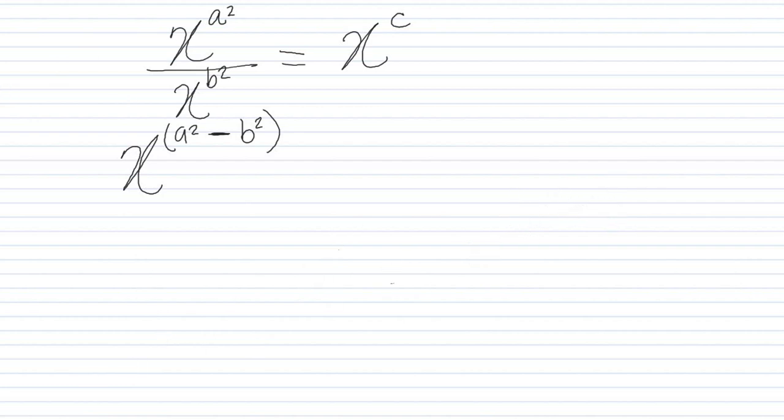So you have this here, and then you have this equal to x raised to the power of c. So now we can compare both sides. You can just easily cancel, so you don't actually even need the x. So you have a squared minus b squared equals c. But guess what?